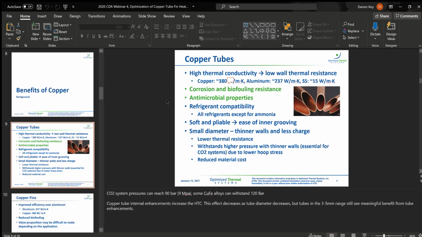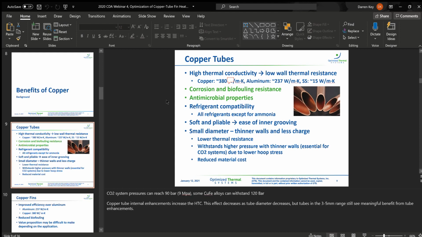This helps protect the copper from degradation. Copper is compatible with pretty much all refrigerants used today except for ammonia, so very versatile material, and it is soft and pliable, which is helpful for applying inner grooving or enhancements to the inside of the tubes, which can help increase heat transfer.